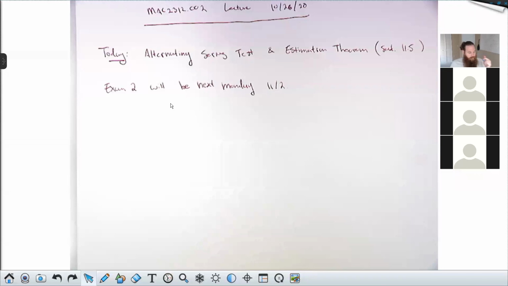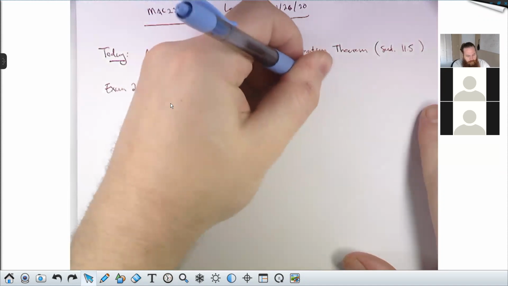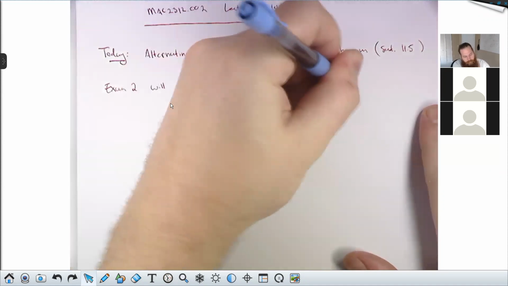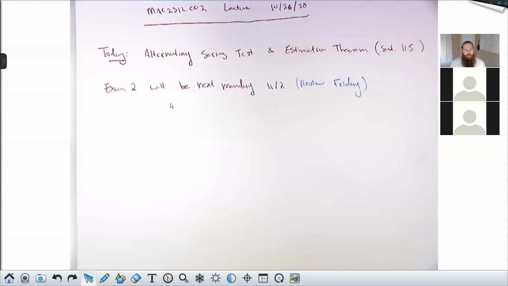We'll review for the test this Friday. I'm going to switch to that blue pen because my other pens are dying. All right. The exact content of the exam we'll go over during the review, but it's everything from exam 1 to now.